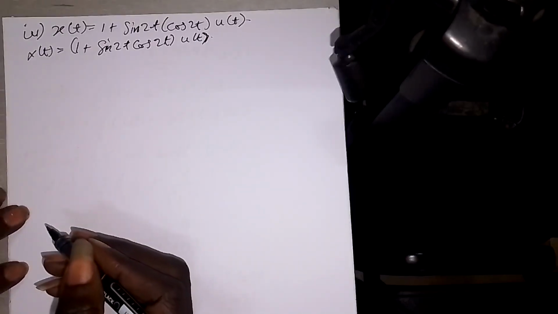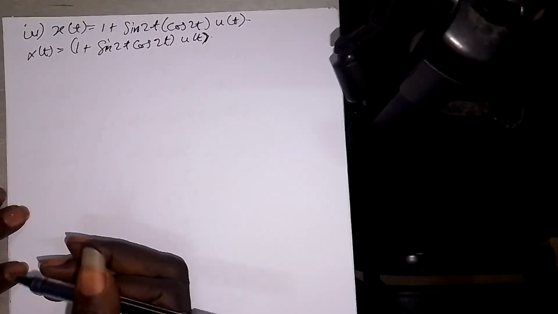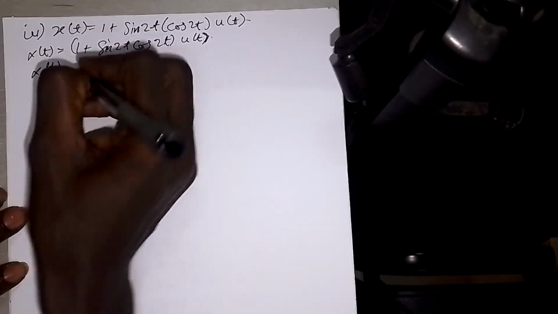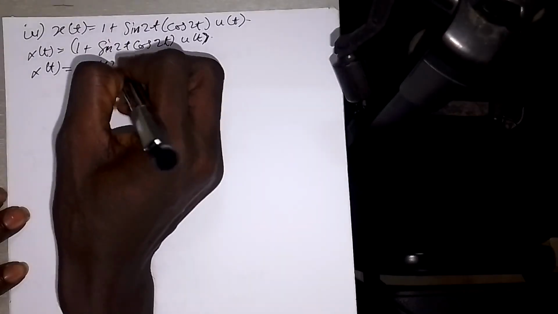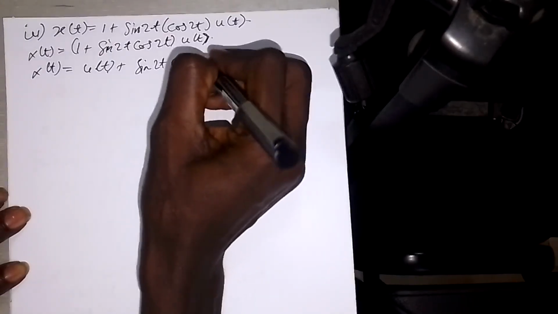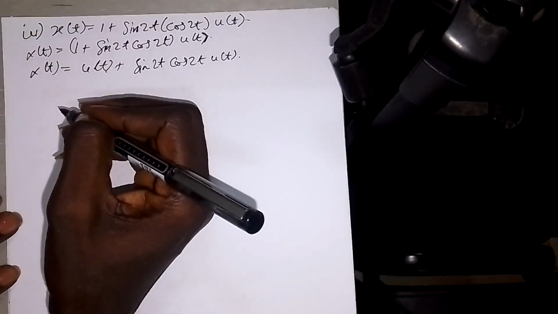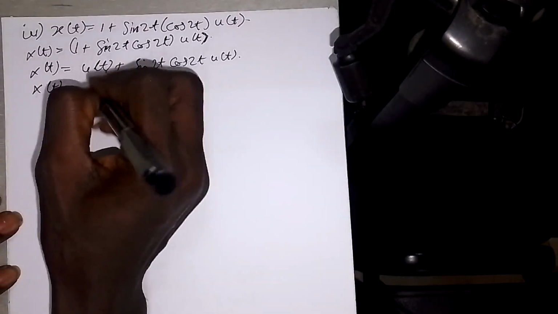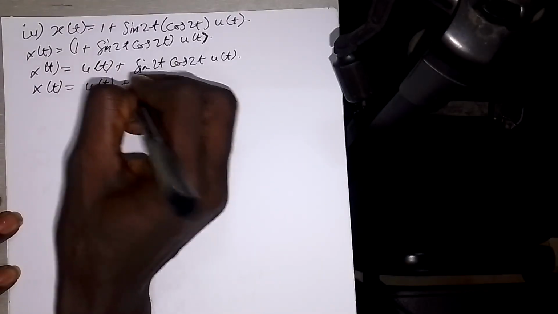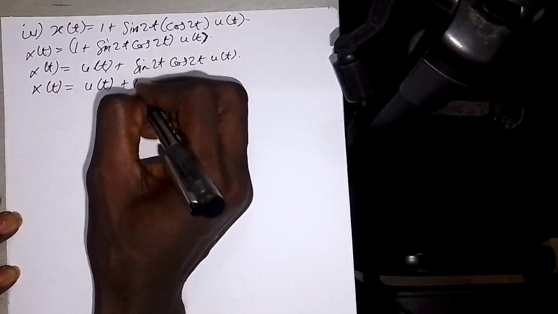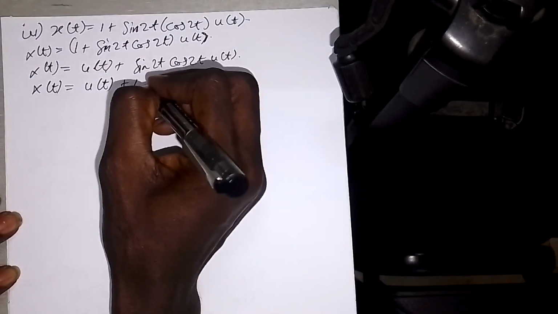Now when I have this one, I can make it equal to u of t plus sine 2t cos 2t into u of t. So now I can have x of t is equal to u of t plus, if you have this one, what you can do is multiply by 2 and then divide by 2.